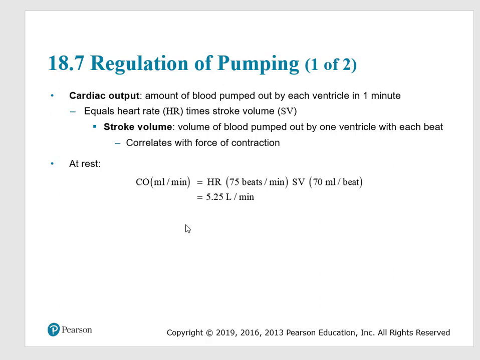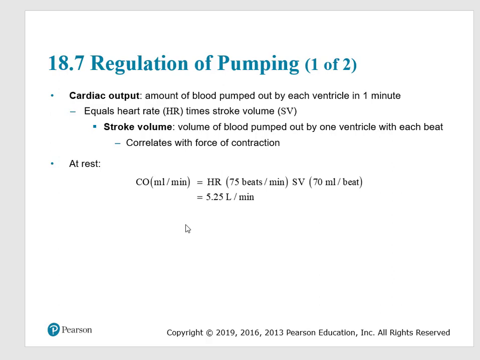We are now going into the volume and how much blood is pumped through the heart, and all of those. Regulation of pumping. So one heartbeat is basically heart rate times the stroke volume per minute, which is cardiac output. So cardiac output is the amount of blood that is pumped by each ventricle in a minute.